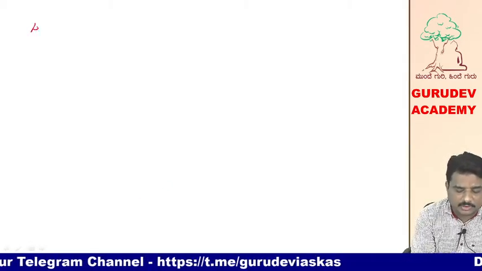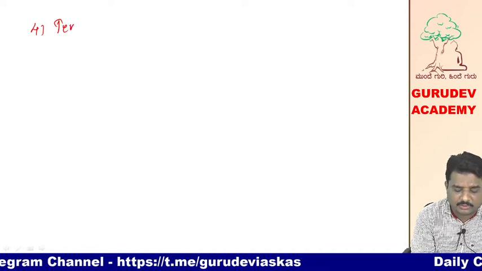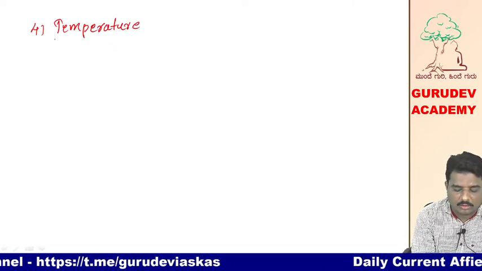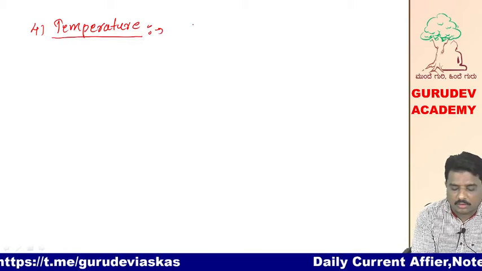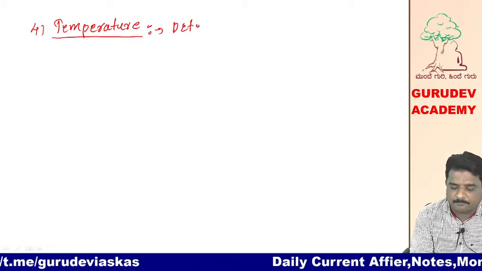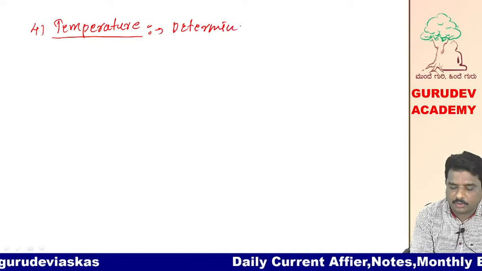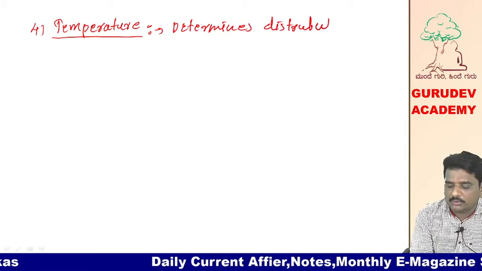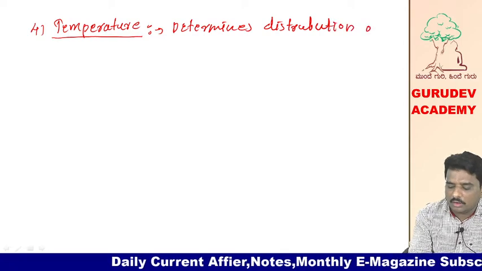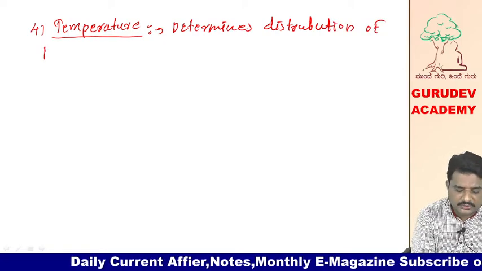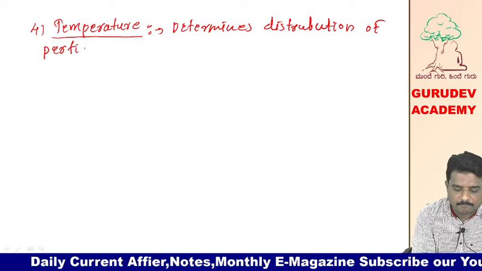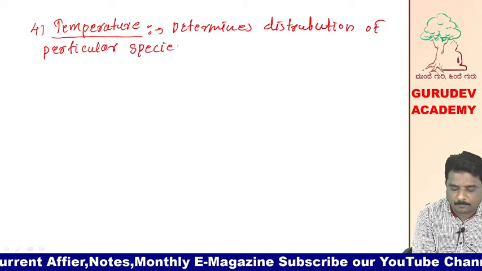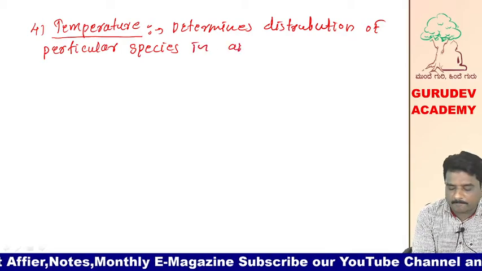So what is the factor we are describing? The temperature factor we are studying determines the distribution of a particular species in an area.